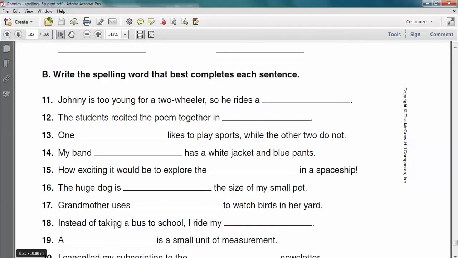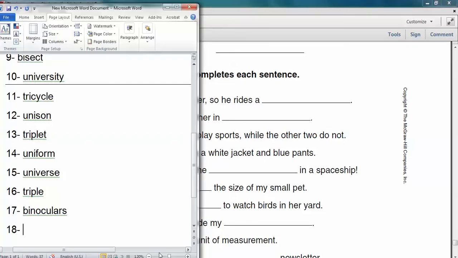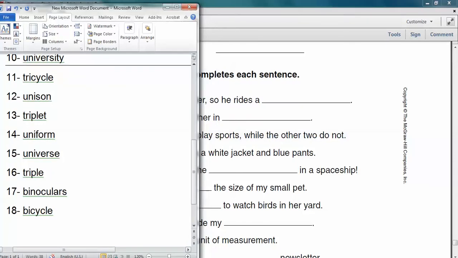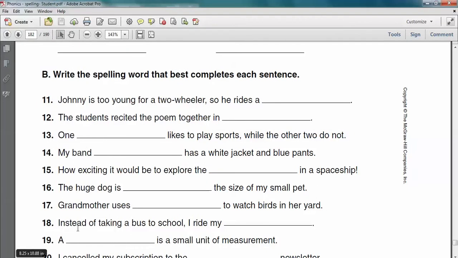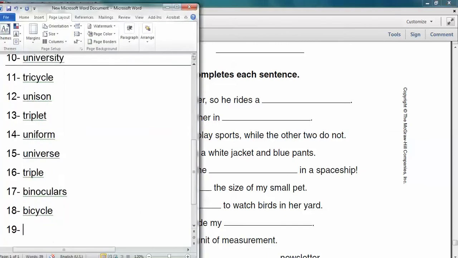After that, instead of taking a bus to school, I ride my, yeah, the bike or bicycle. Then, what is a small unit of measurement? Of course, we know this. It is centimeter.